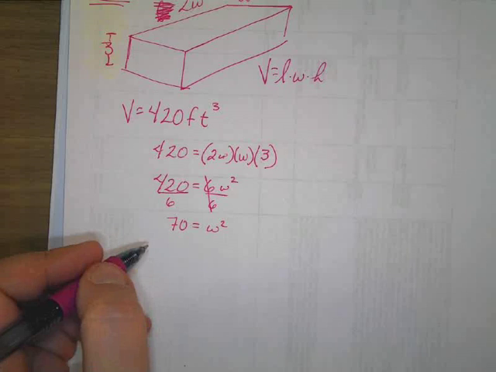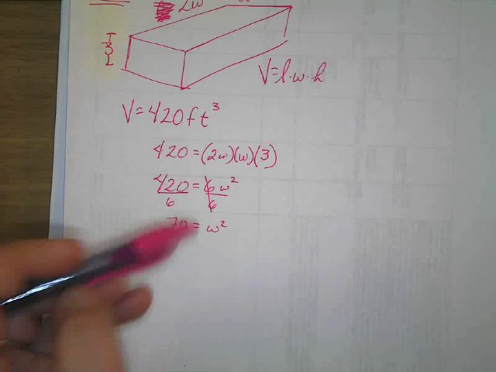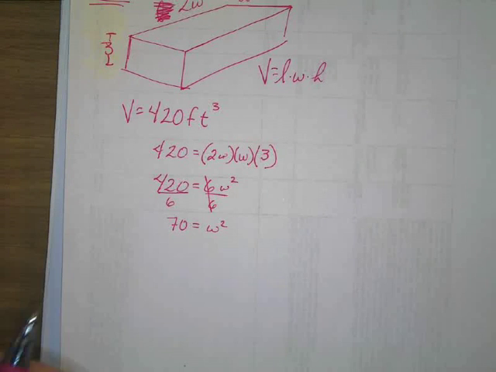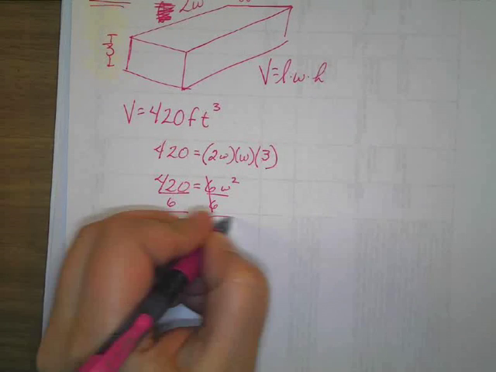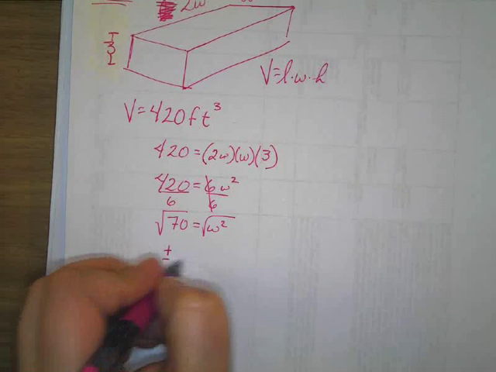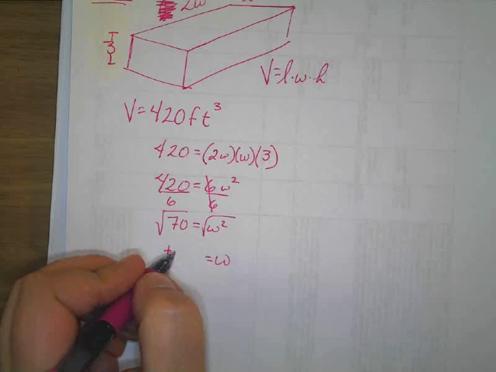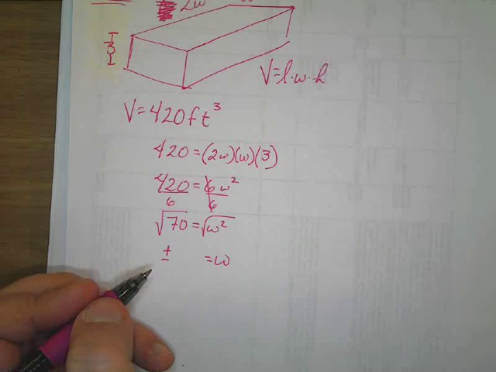And then what? How do we get rid of that square? Square root. Plus or minus. Now, the square root of 70 isn't nice, so figure out what this is in your calculator as a decimal, okay?